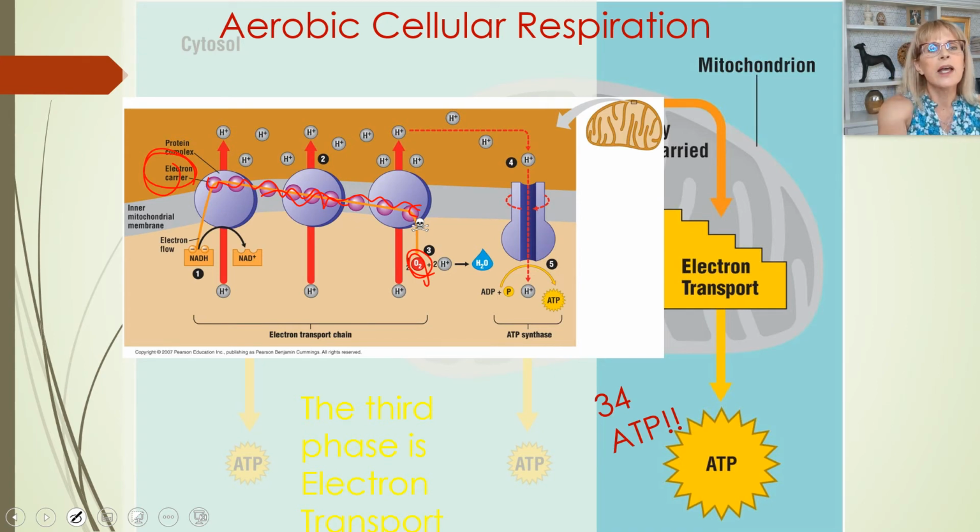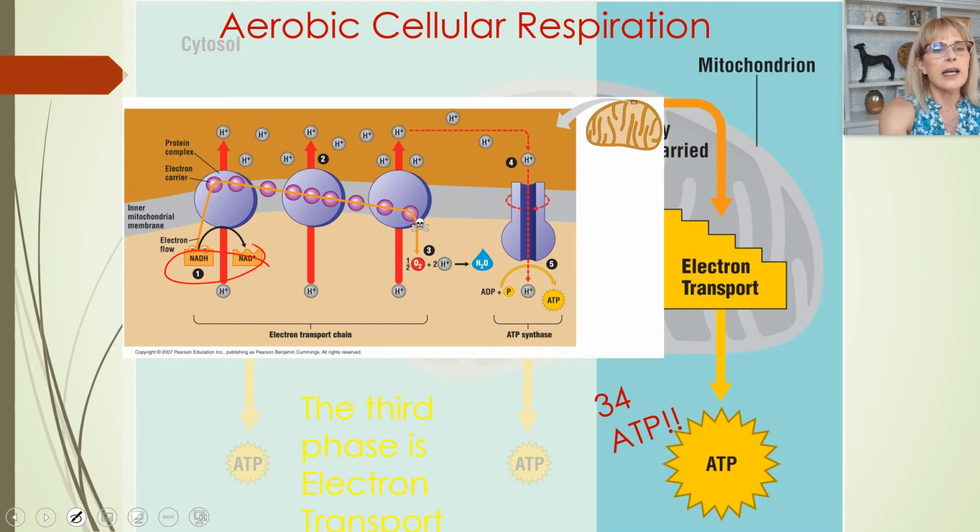Without oxygen, these electrons would pile up. And as they pile up, they end up damaging the mitochondria and stopping cellular respiration. So we need oxygen to get rid of these electrons and carry them away in the form of water.